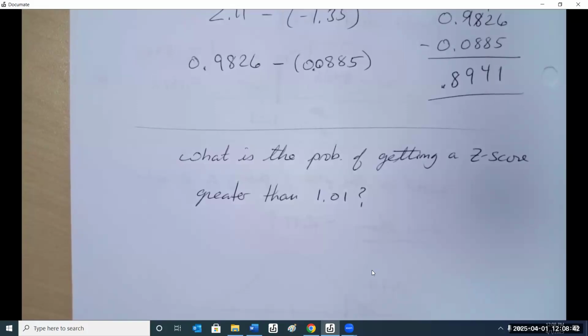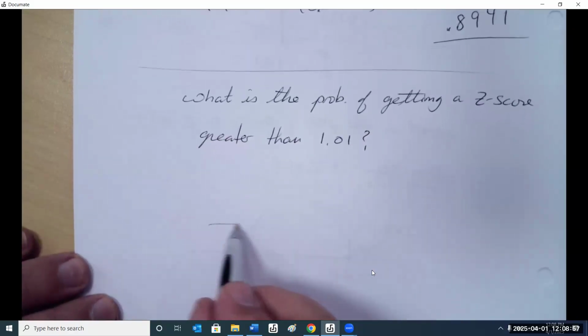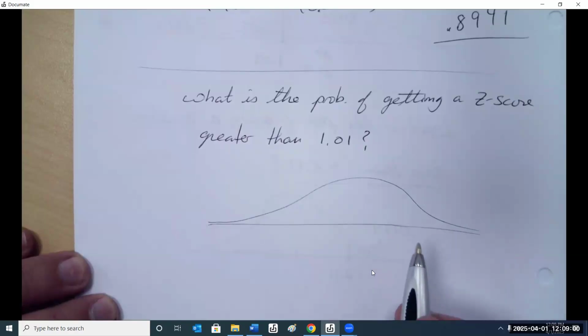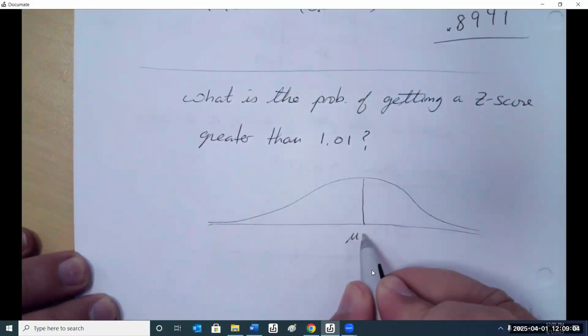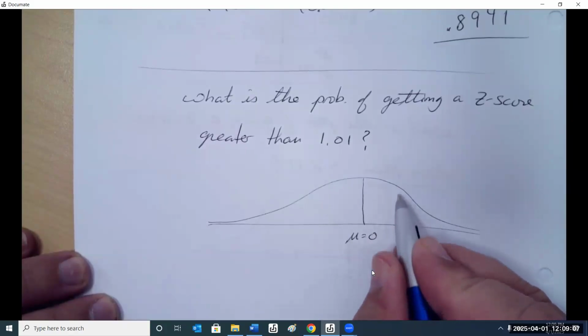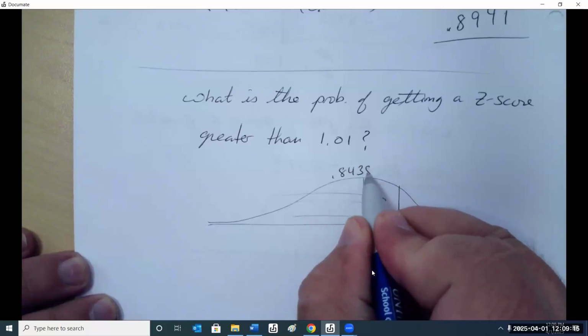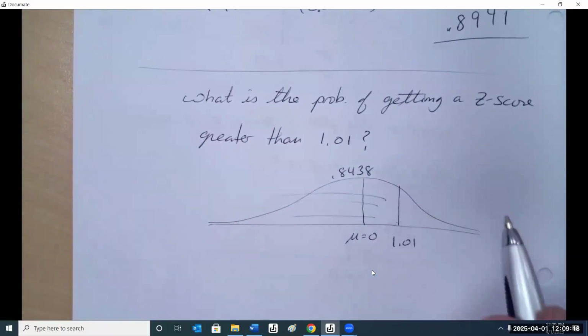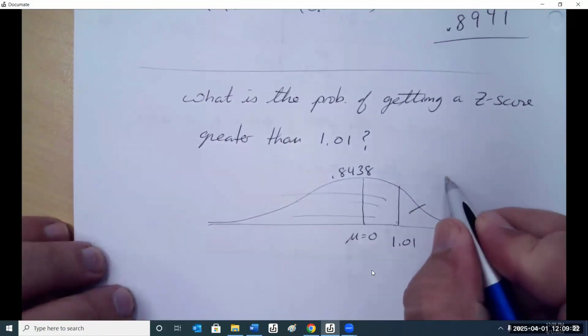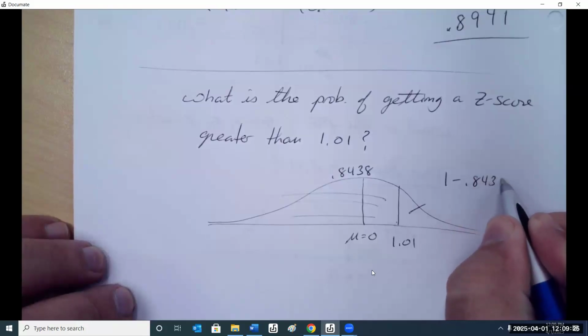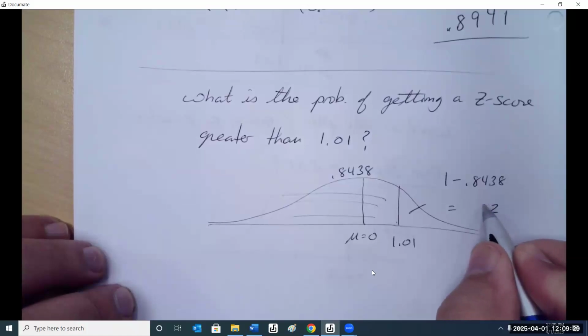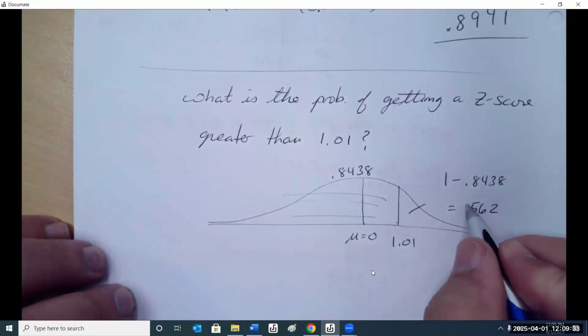What do I do here? Go down. 8.3, yep. So we take that number, 1 minus 0.8438, 0.1562.